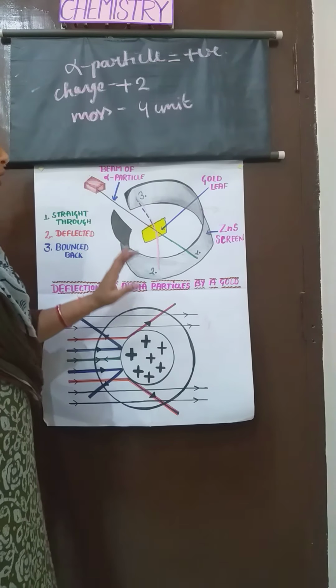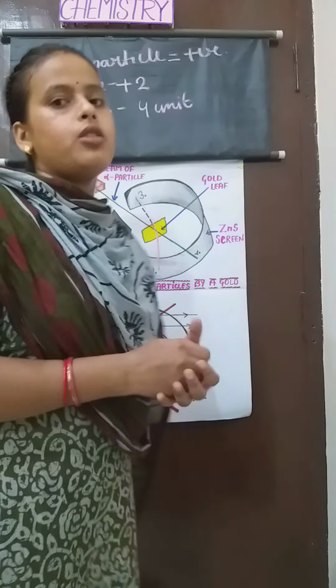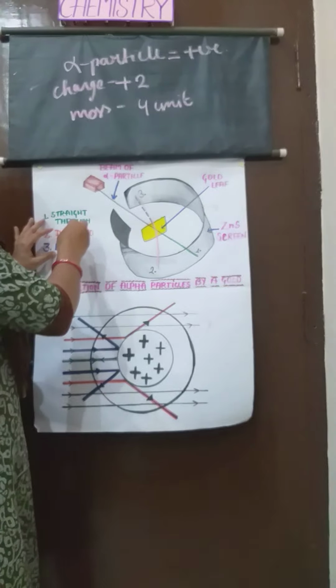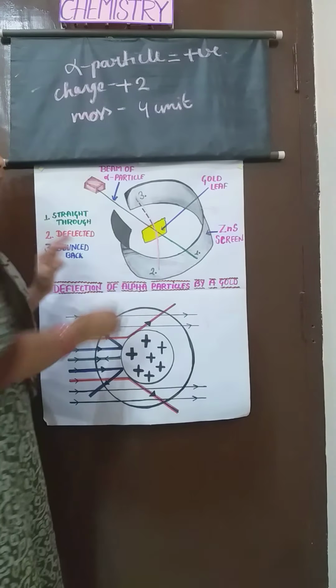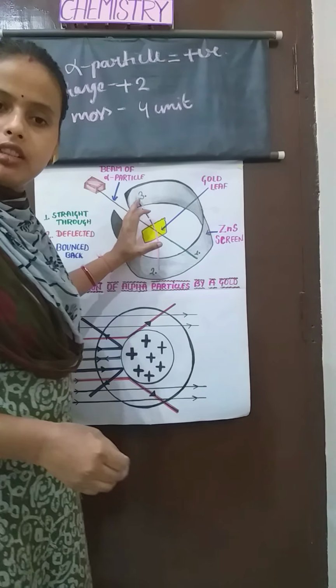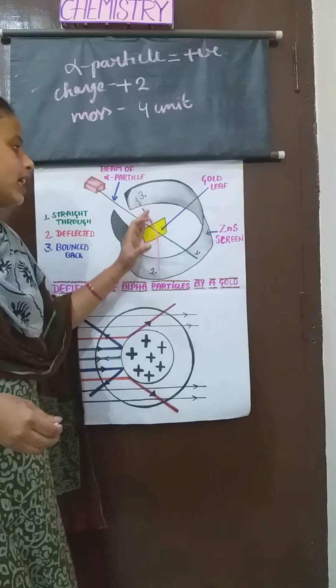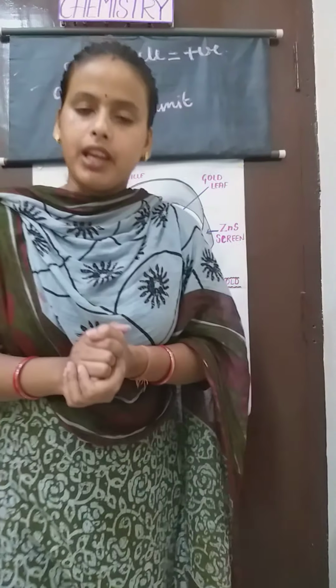From these observations, he concluded first that the alpha particles which passed straight through the matter represent that there is some empty space inside the atom.